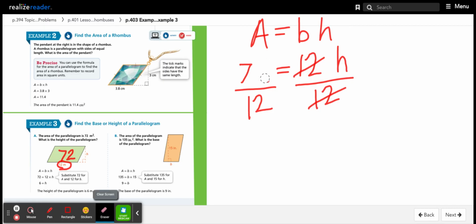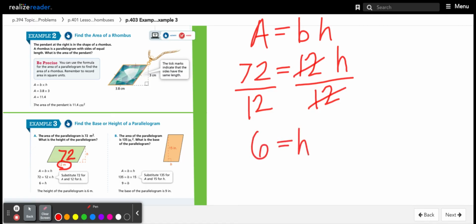This should be a 72, not a 75. And so now we do 72 divided by 12. You can put it in your calculator. 72 divided by 12 is 6. So that means that the height is 6 meters, and that checks with what we have right here.